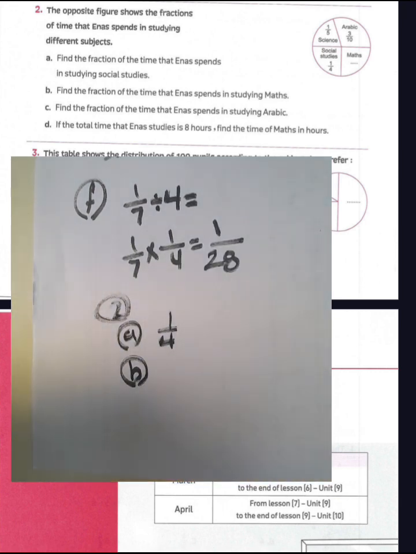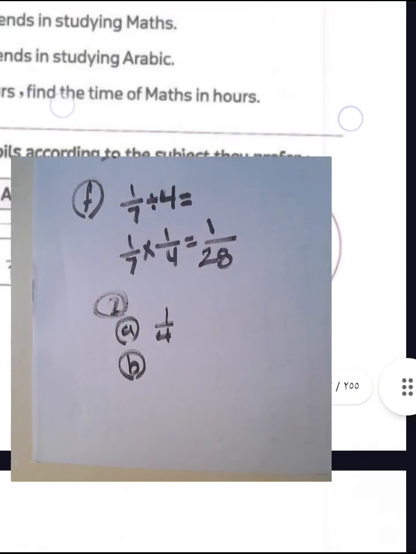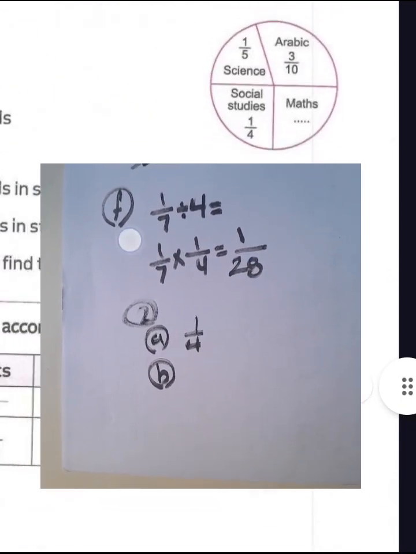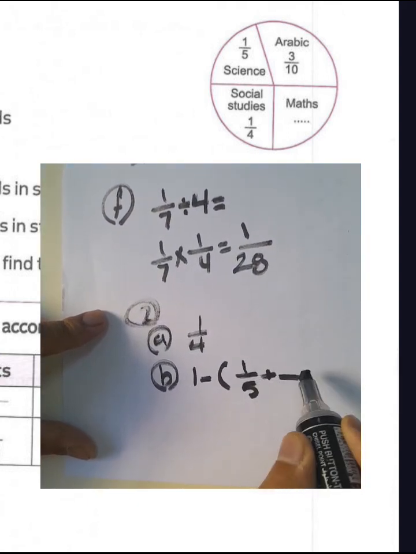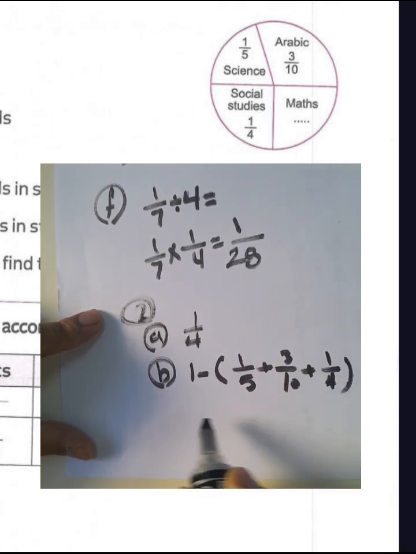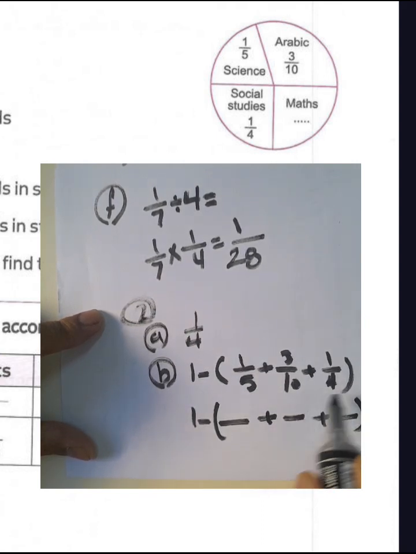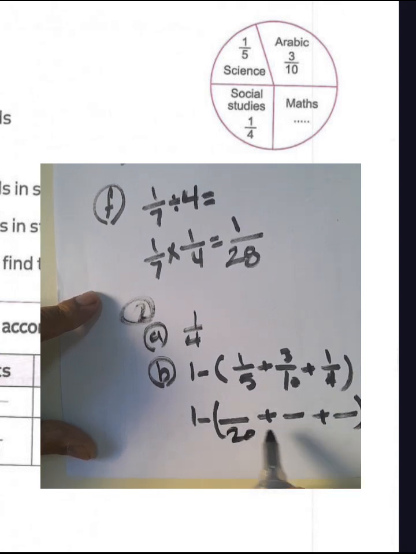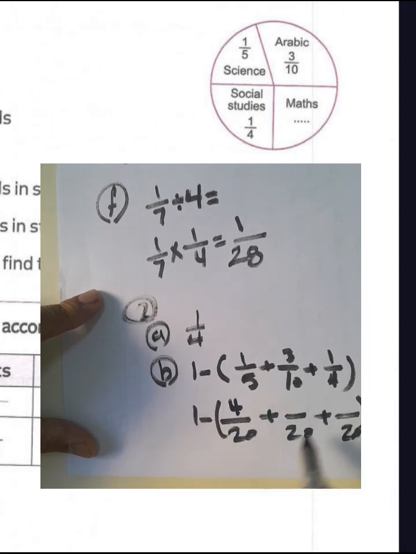Letter B, find the fraction of the time that Ines spends studying math. Studying math here, we can write 1 subtract the sum of all fractions, 1 over 5 plus 3 over 10 plus 1 over 4. Write 1 subtract the sum of them. We can write the least common multiple between all denominators, it will be 20. 20 divided by 5 equals 4, 1 times 4 equals 4, 2 times 10 equals 20, 2 times 3 equals 6, 4 times 5 equals 20, 1 times 5 equals 5.